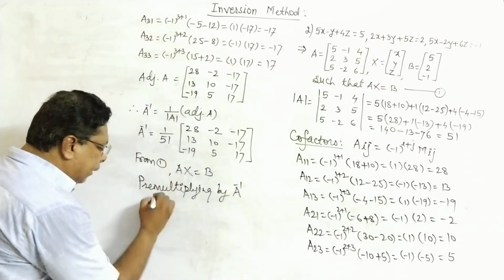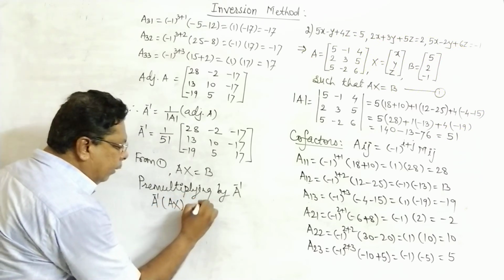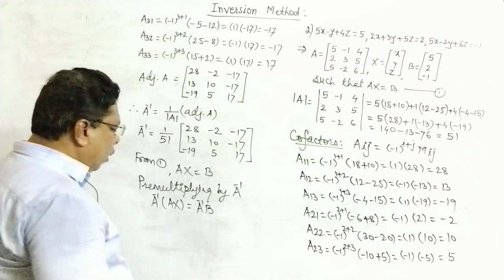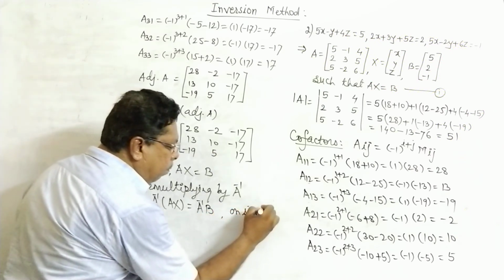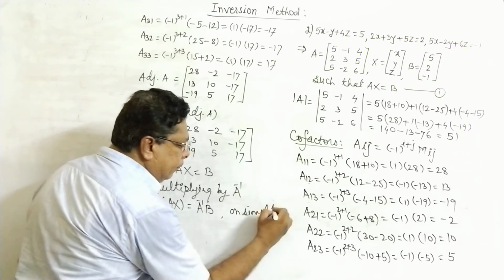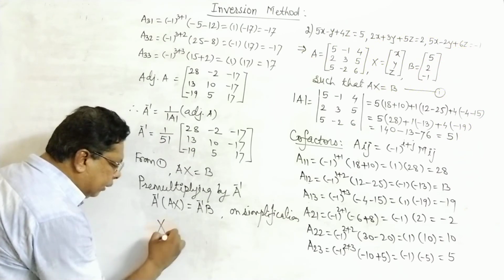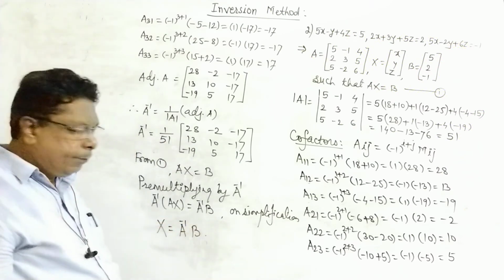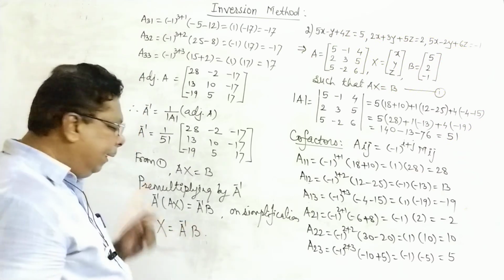So this equation becomes A inverse into Ax is equal to A inverse B. On simplification, as seen in the previous sum, x is equal to A inverse B. Now substitute the values of x, A inverse and B.